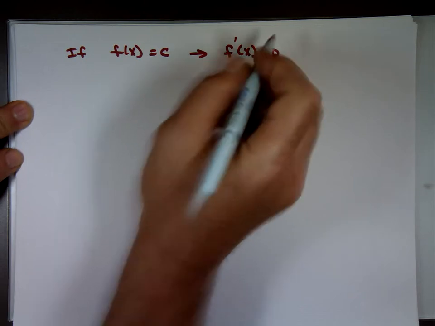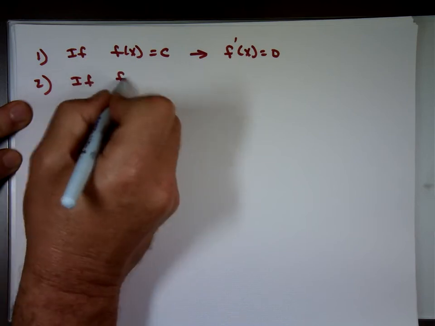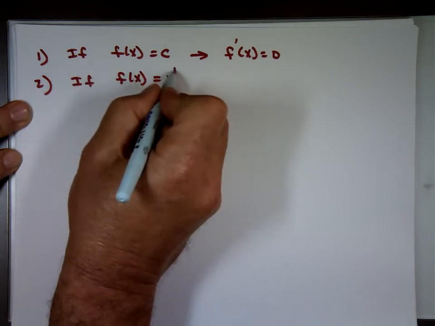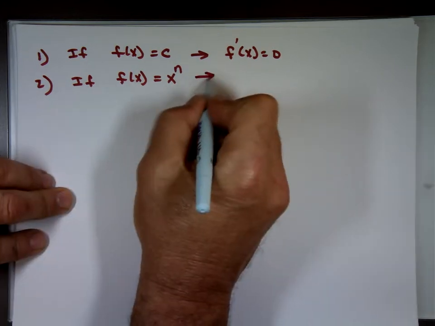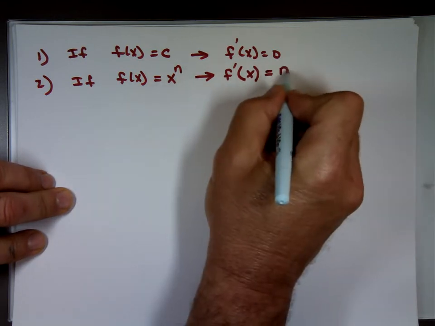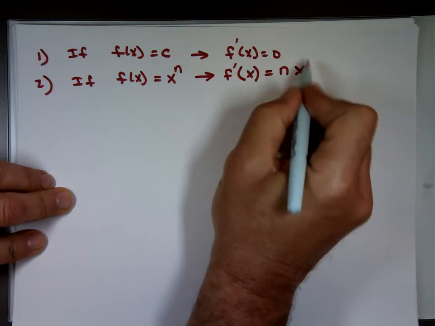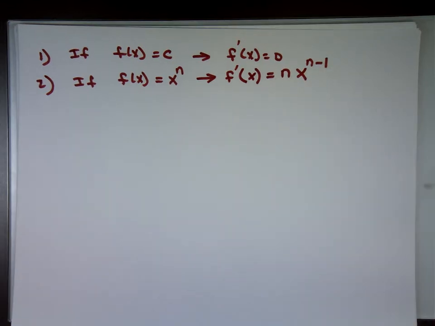The other one, rule number 2 for now, says if f of x equals x raised to a power n, doesn't matter what the power is, the derivative of that is: move the power to the front and subtract 1 from the power. So quickly, I'll show you how that problem can be done in about 5 seconds.